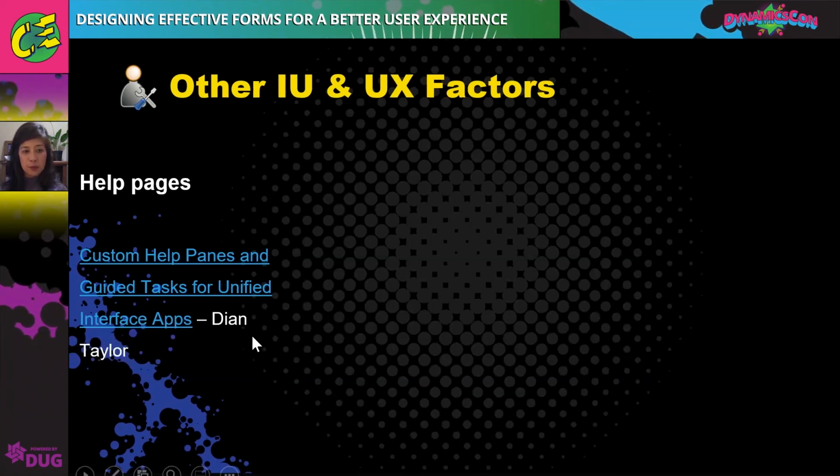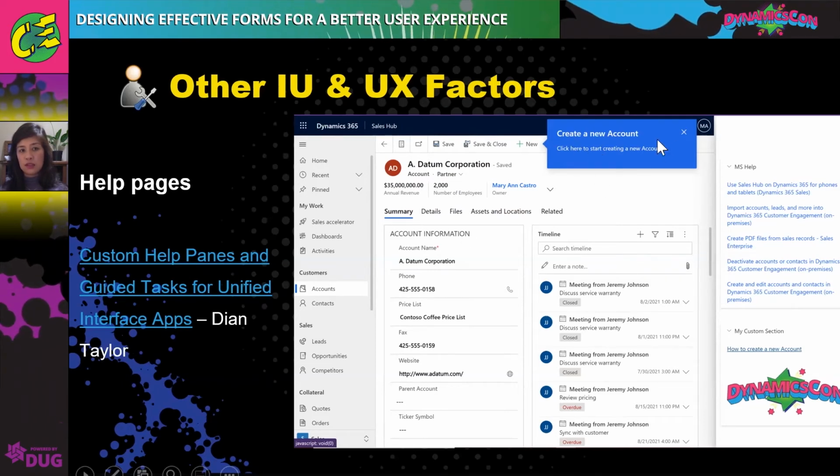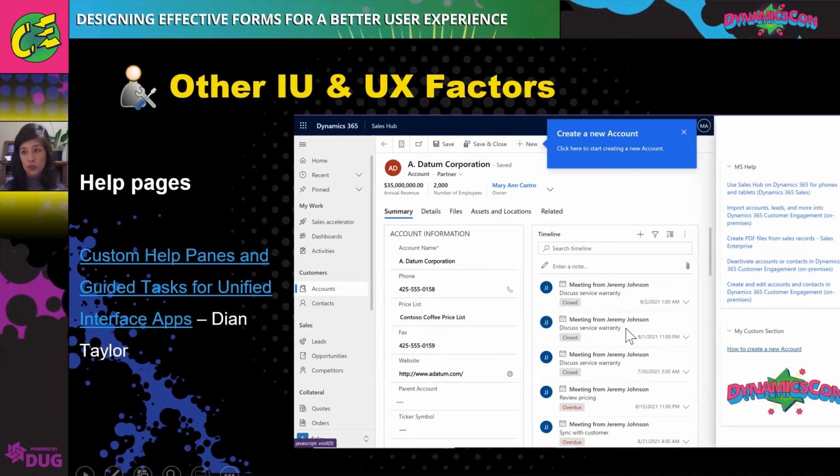Another one is help pages. There's an article by Diane Taylor on this, and here she explained how we can enable this and use it within the application. This is what the help page looks like. You can create all those bubbles and create links that will be specific to an account form.